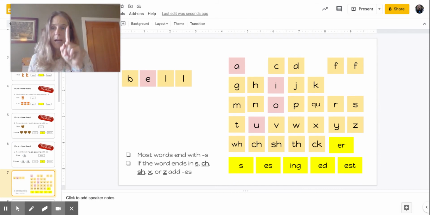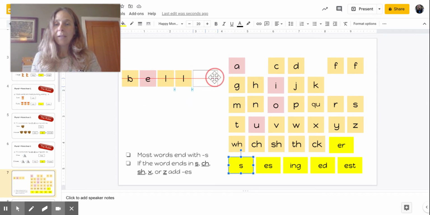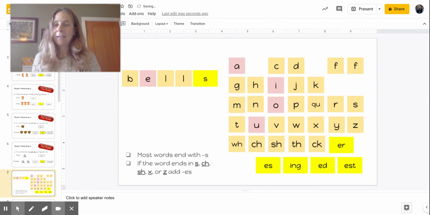So I have one bell. What do I do if I want to say I have two bells? So I'm checking my word. It ends with L, doesn't end with any of these. So I'm just going to add my suffix S to make this bells. Great. Did you get that right?